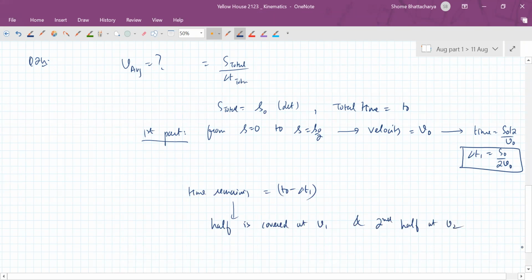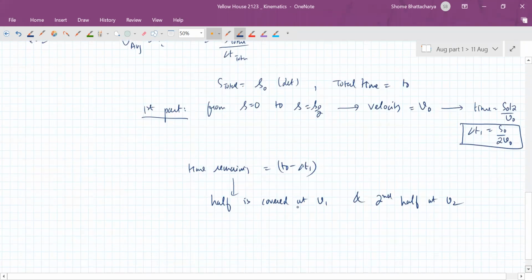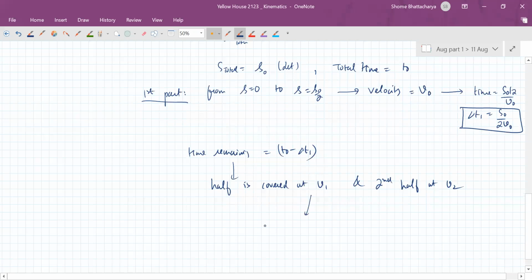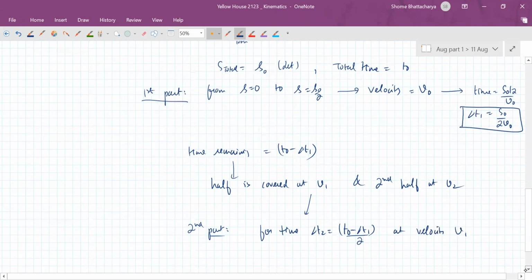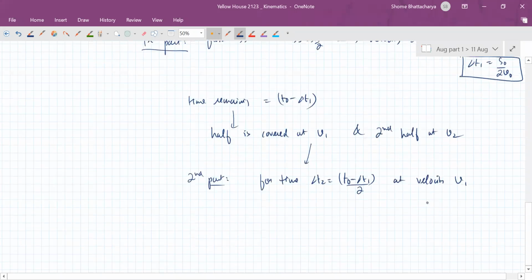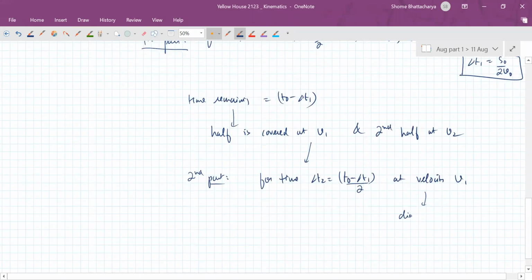What is the displacement that he's covering at v1? The second part of the journey is for time delta t2, which is t naught minus delta t1 by 2, at velocity v1. How much displacement will he cover?